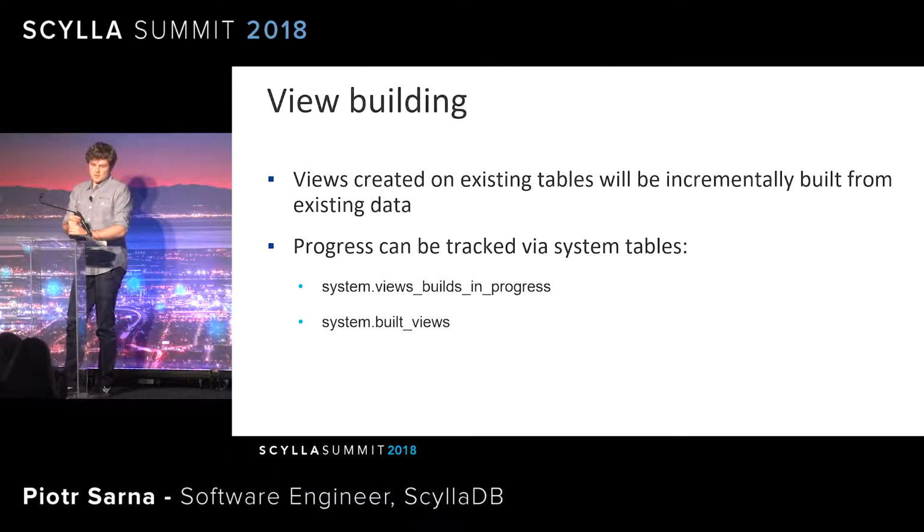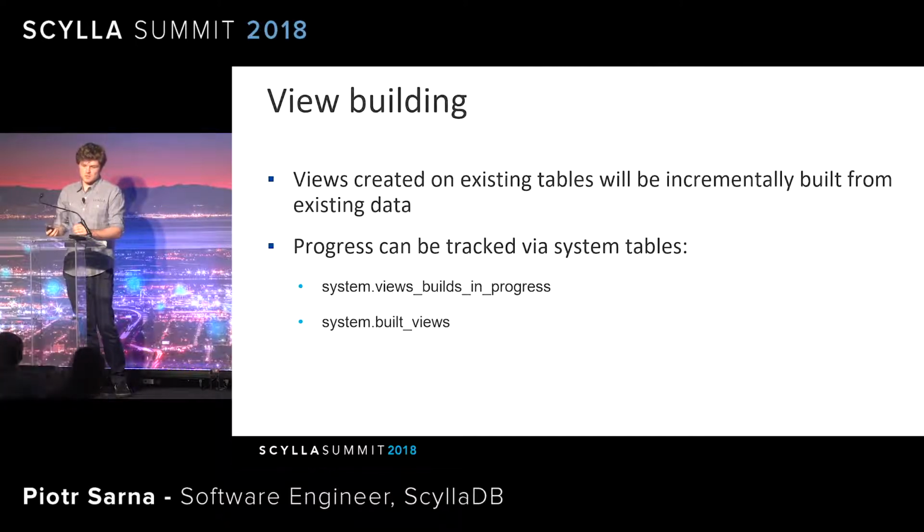So the process is incremental. We do it token by token, and even in case of node restarts, we're safe because we'll just start the process over from the last checkpoint.